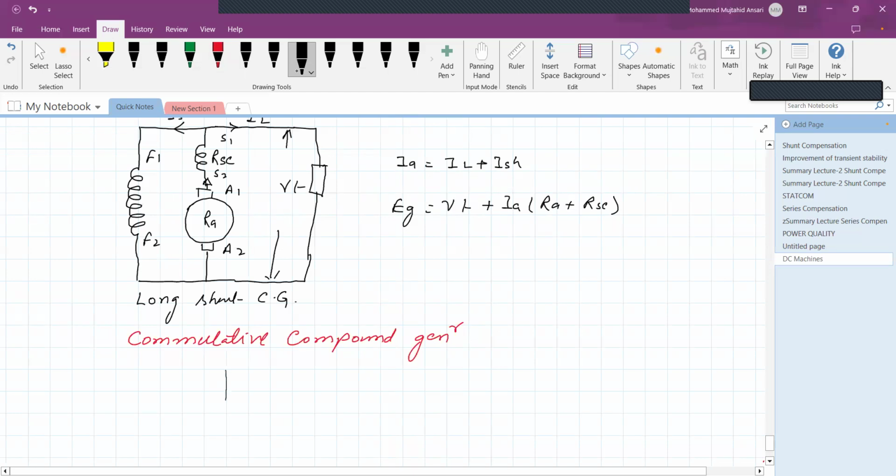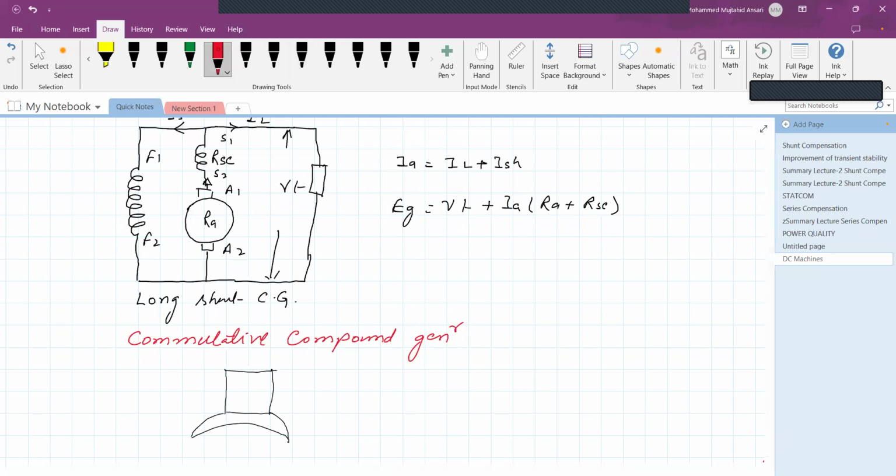construction of field winding, this is the field winding structure, and it is connected with the pole shoes. Pole shoes are there, over which we will place the winding, isn't it? There are two types of winding: one is the series winding and the other is the shunt field winding.